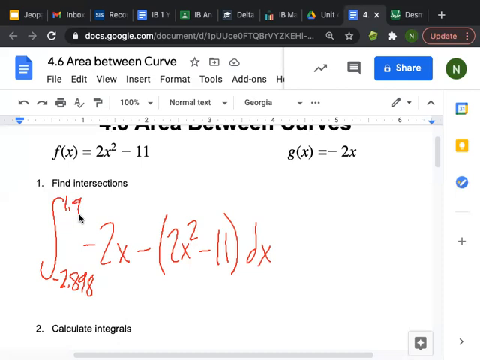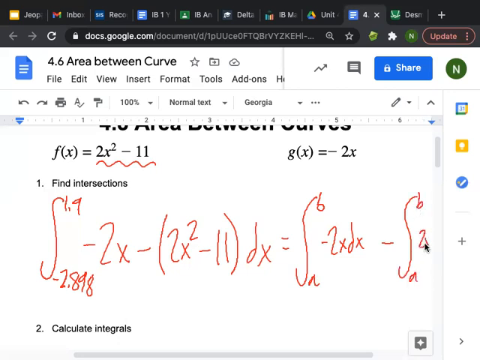You'll notice that I put this entire second function in parentheses so that I remember to distribute the negative. You can do this one of two ways. If it helps you, you can integrate it like this and basically keep it as one function, or this is the same thing as saying the integral of negative 2x dx from the boundary to the boundary minus the integral from a to b of 2x squared minus 11.